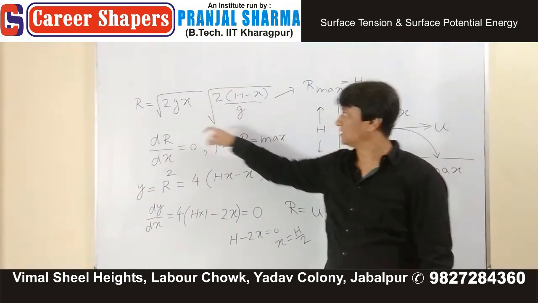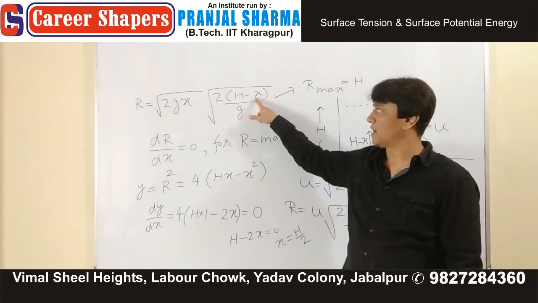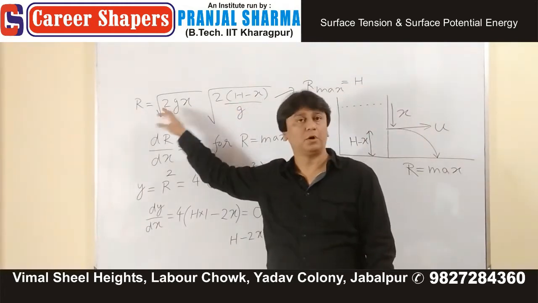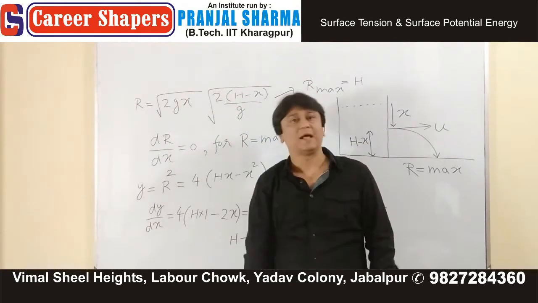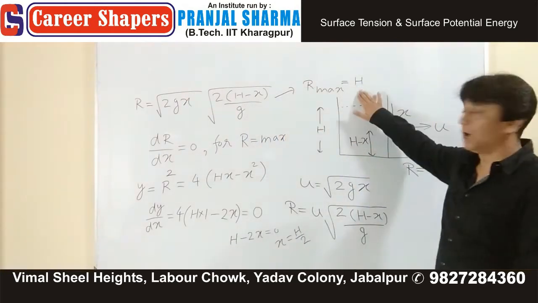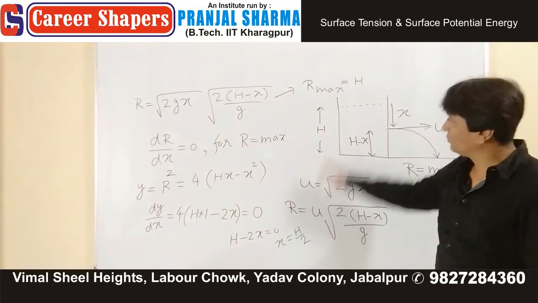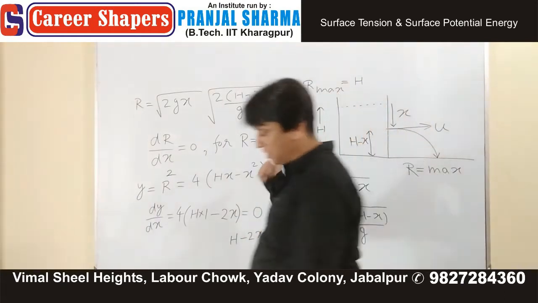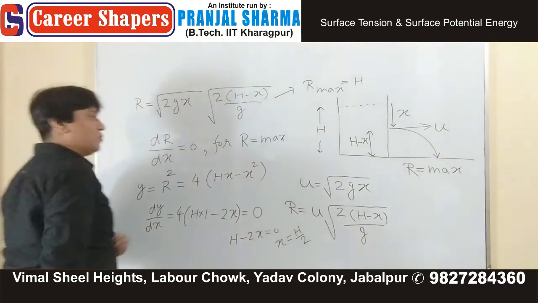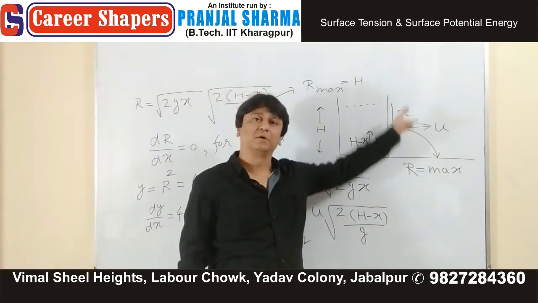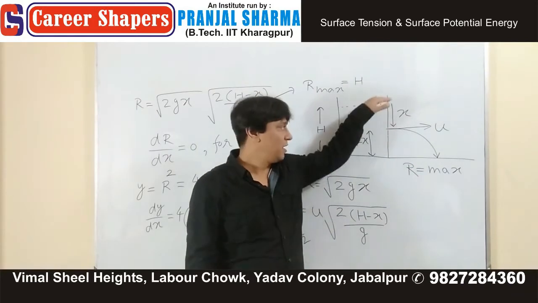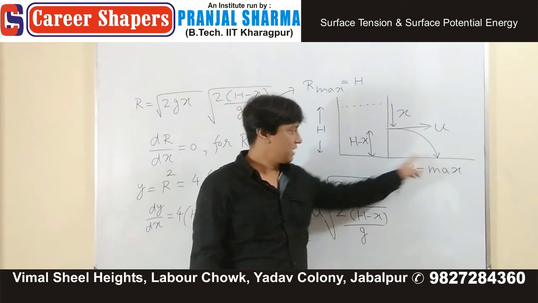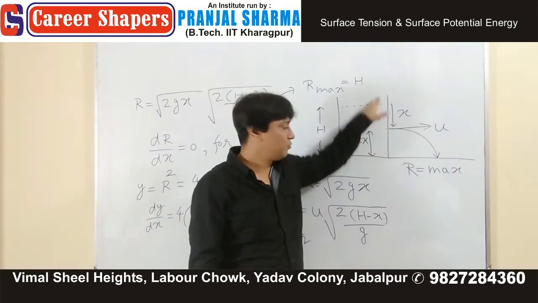G and G cancel, x is h by 2, h minus h by 2 is h by 2, 2 gone, h by 2, 2 gone, root h squared is h. Now, these are two standard important results for this type of profile. Whenever they ask you at what depth a hole should be made, half of the height of water column. And what is the range? Range is equal to the total height of water column.